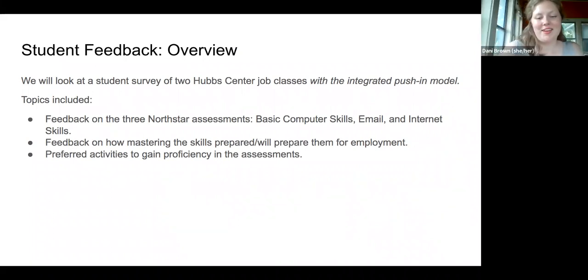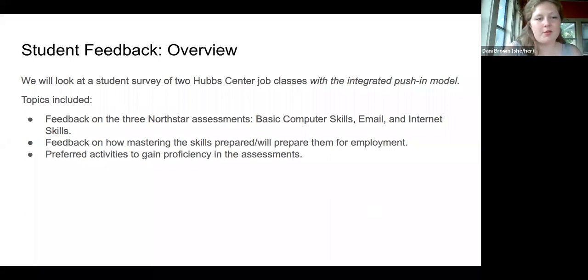Indeed. So we thought we would delve a little deeper and ask the learners how they felt about this push-in model in their class, and how they thought about digital literacy differently after having completed the course.